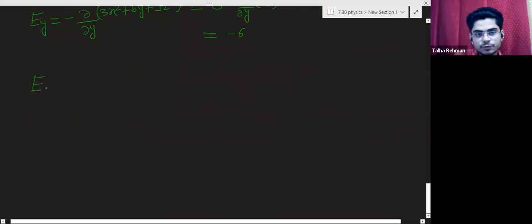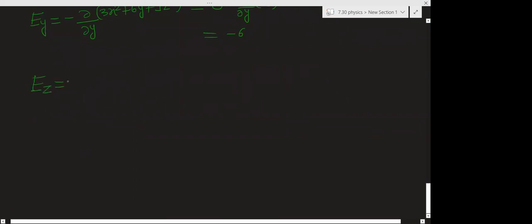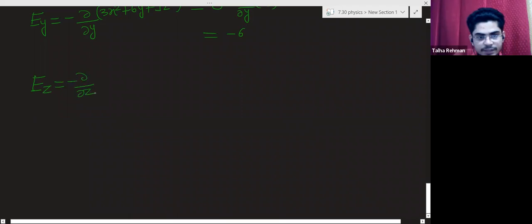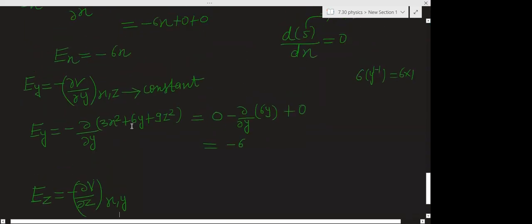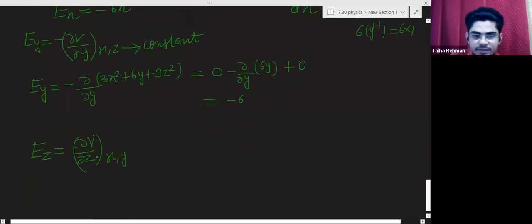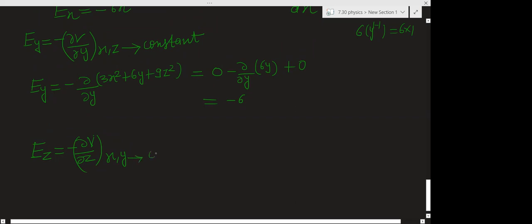If we want to find Ez, it is minus del V by del z. Now what is constant? x will be constant and y will be constant, because we are differentiating with z.